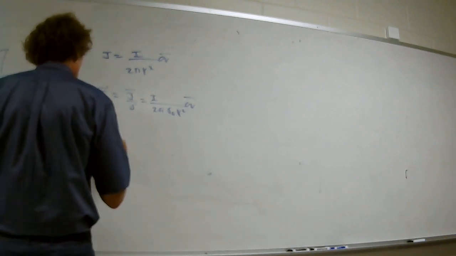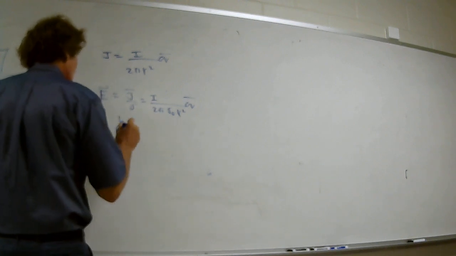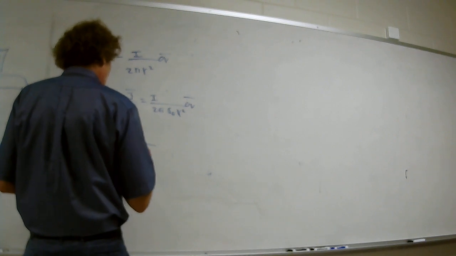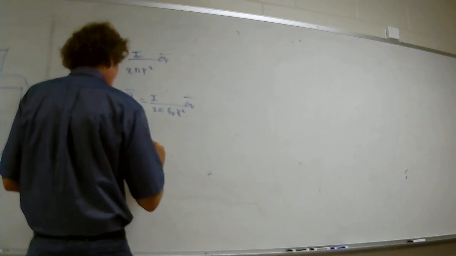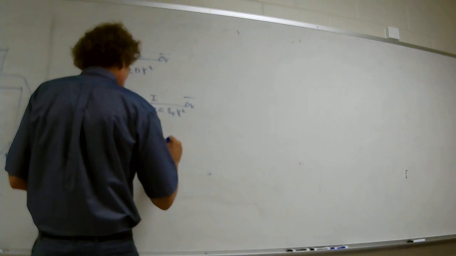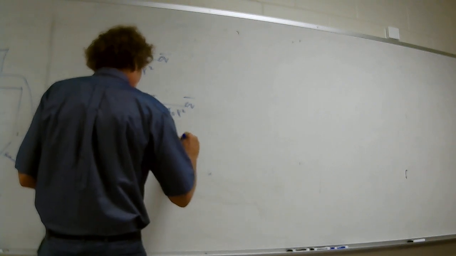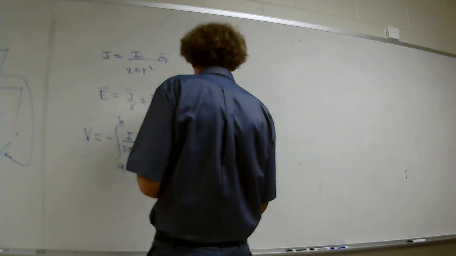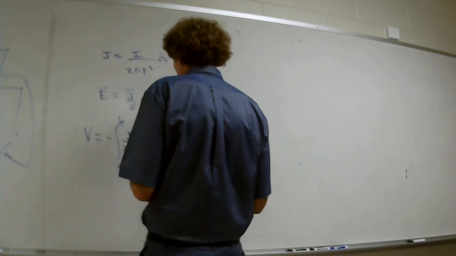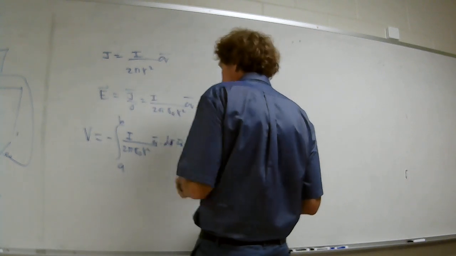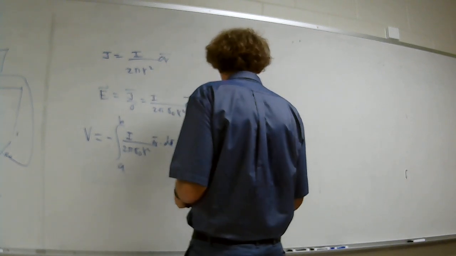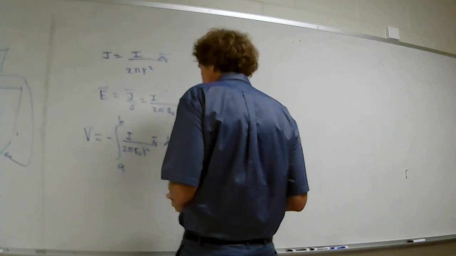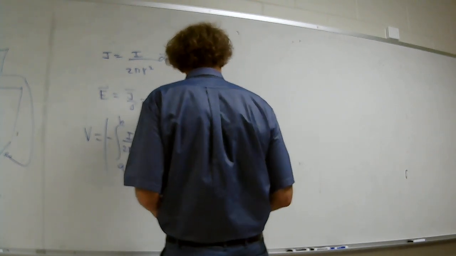The integral from A to B of E, which is I over 2 pi sigma naught r squared a_r dot dr a_r, right? So that's going to be equal to I over 2 pi sigma naught. Technically it's minus 1 over r. Switch the limits here, or minus times minus, it becomes 1 over A minus 1 over B. And just put a magnitude there so you don't mess it up.